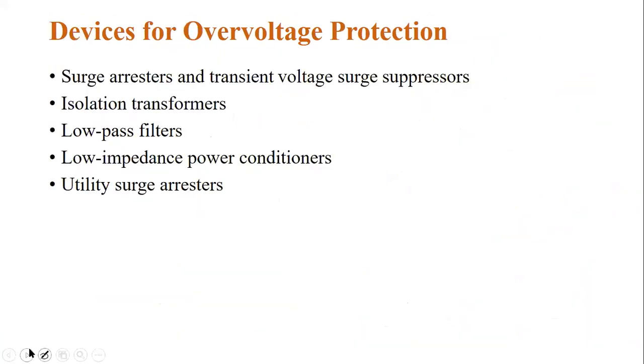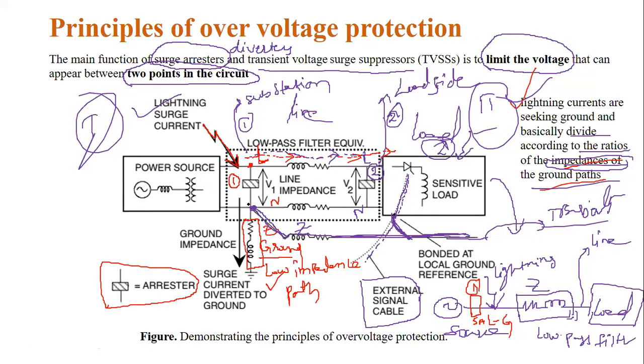Okay. Now move into the devices. This is the basic principle: how to minimize the surge current. What is the bonding effect? What is the impact of the bonding? Then what are the different types of devices to minimize these over voltages? Including the surge arresters, you are also using other equipment to minimize these over voltages.